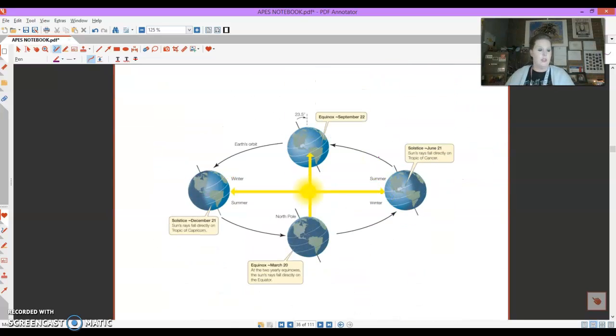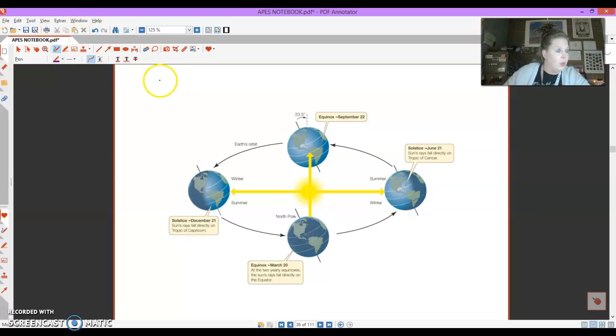Let's look at the seasons. Now, you probably haven't talked about seasons since elementary school, but seasons are created based on the tilt of the Earth, okay? And it is directly dependent upon solar radiation, so sunlight.